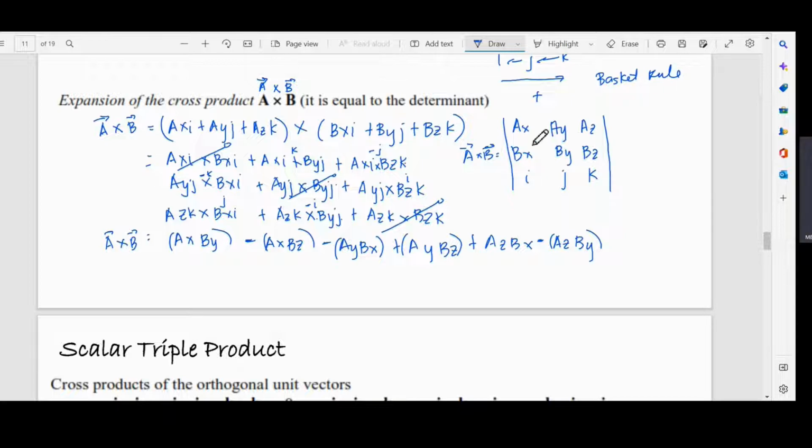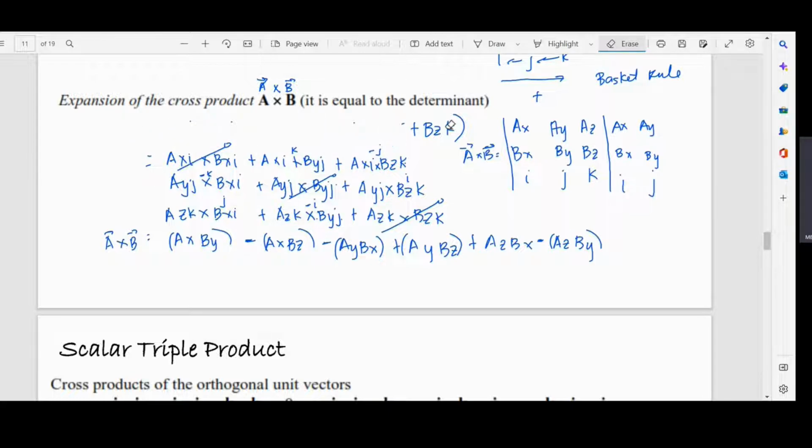So, sa basket rule dito, susulat lang natin yung Cartesian vector form of our force A, Cartesian vector form of our force B, and then yung IJK. So, pag sinabi nating determinant, kokopyahin lang natin yung first two columns. So, we have here AX, BX, tapos I, and then AY, BY, tsaka J. And then, dito na tayo ngayon mag-a-apply ng basket rule na tinatawag. Okay, so erase lang muna natin dito para may space.